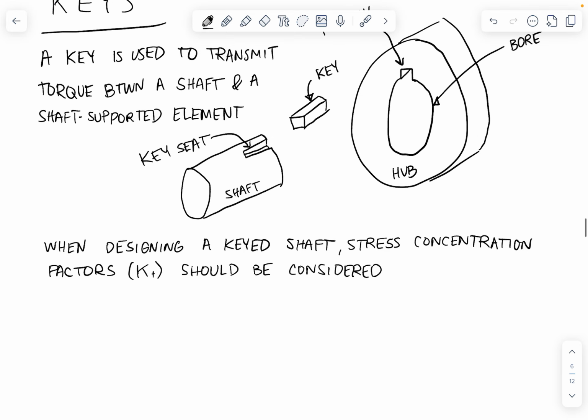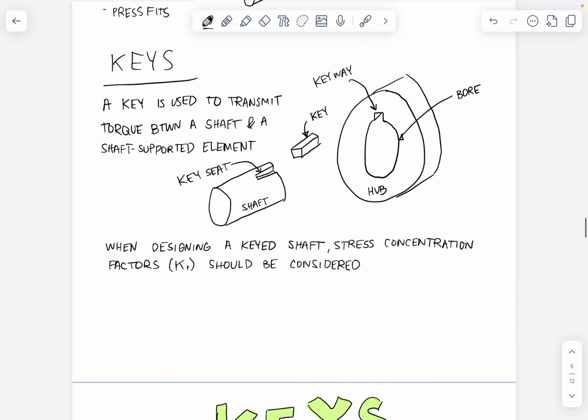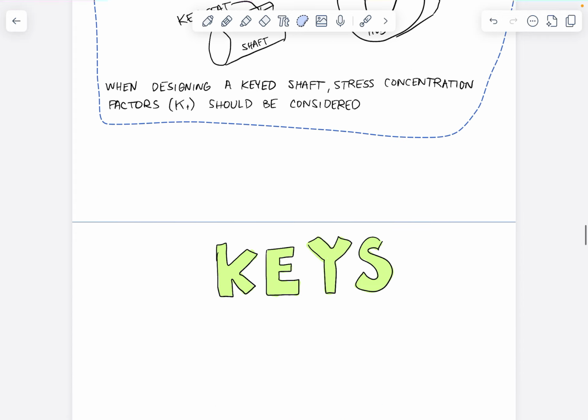Oh, and I just realized I made a heading for myself down here for keys that looks a little bit nicer, so let's move all of this down there.